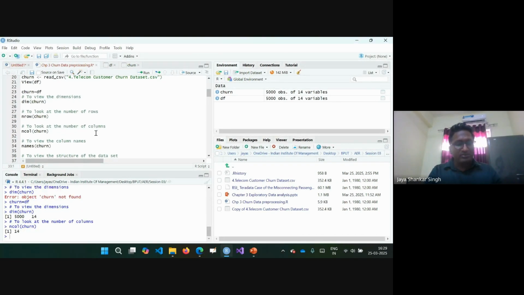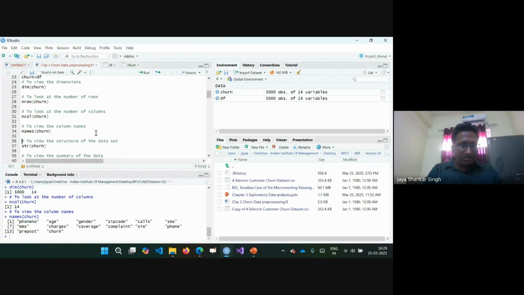Okay, 14 columns, everything was visible in the dimension. Now this particular names function, what it is doing, give me a minute. It is giving you the names of all the fields. Clear to all of you?